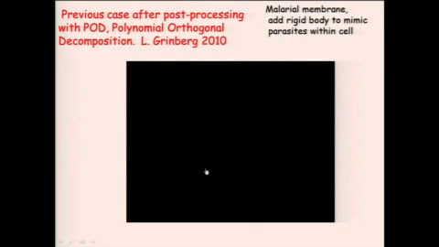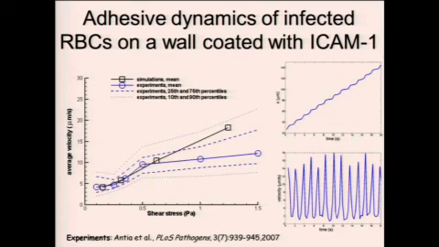Let's see if we can get this movie to run. Probably can't. Nope, it's one of those that won't. We actually measured the rate at which these things move along the wall, and our model does it. It's the black line here. It does a fairly good job of it, and the mean value is this blue line, the experimental curve. At very large stresses, it doesn't work so well.